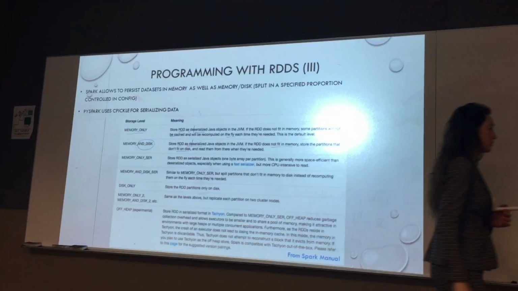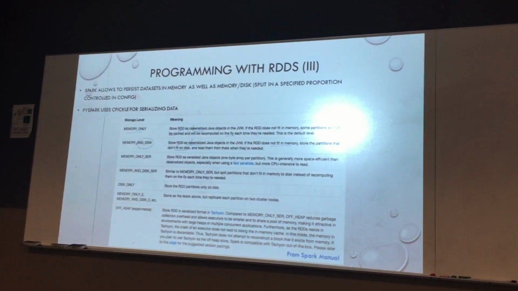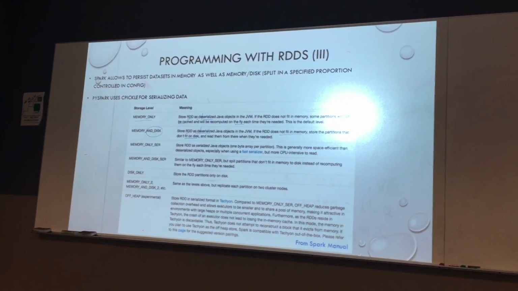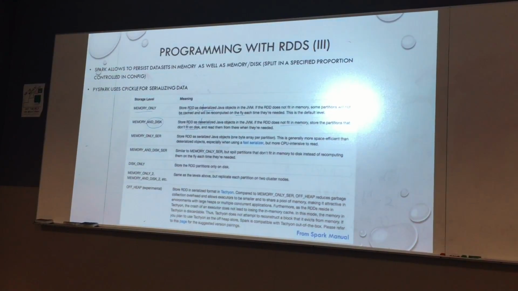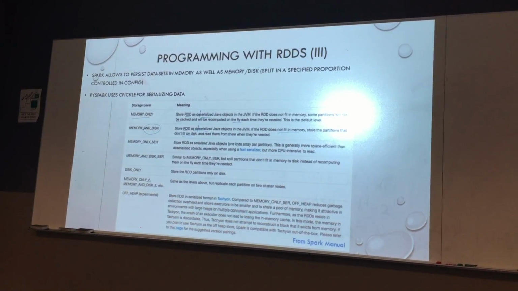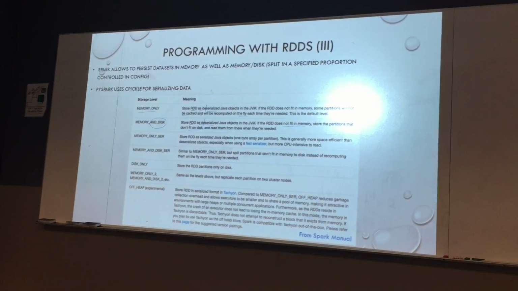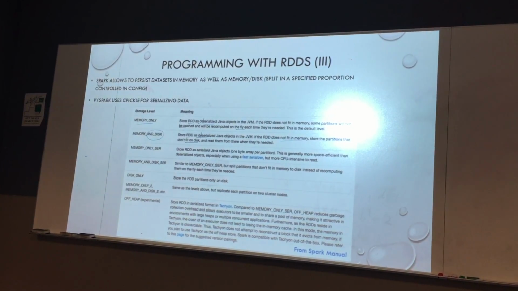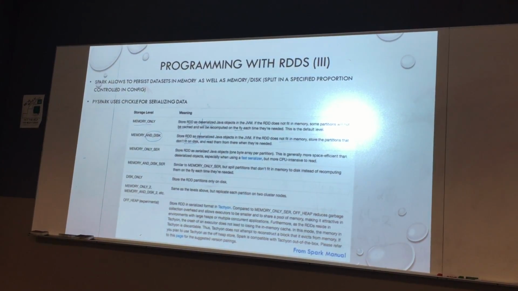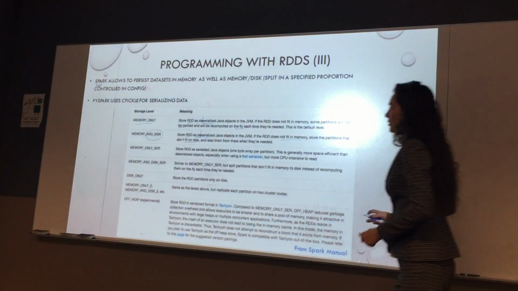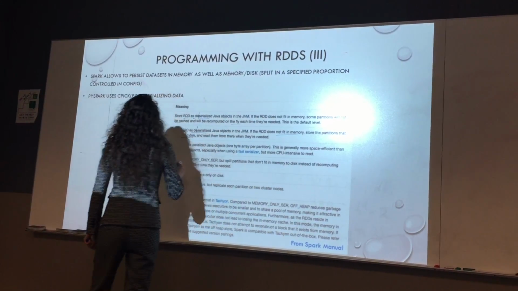There are options to do disk only if we want to. So there are various ways to store it. As I mentioned here, these are deserialized. It also allows for serialization.